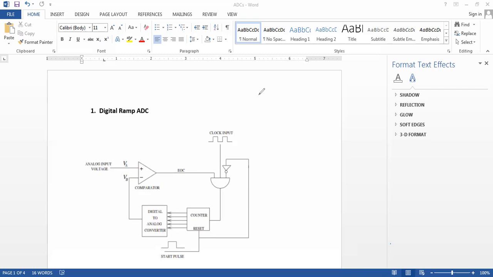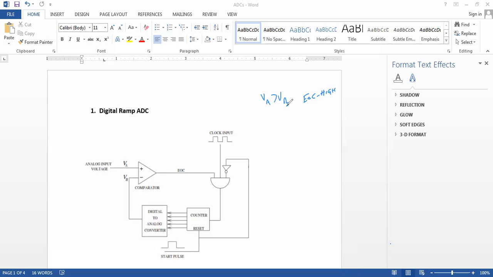The comparator works as follows. If VA is greater than VB, then end of conversion will be high. Remember, the comparator takes VA and compares with VB, where VA is the analog input signal to be converted into digital form.